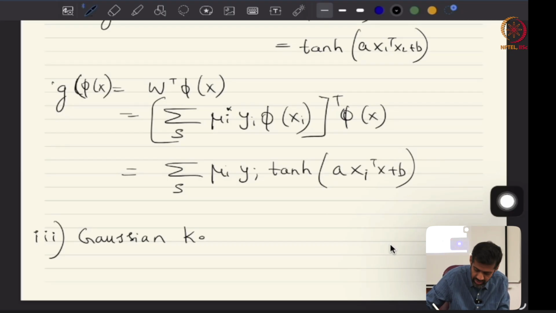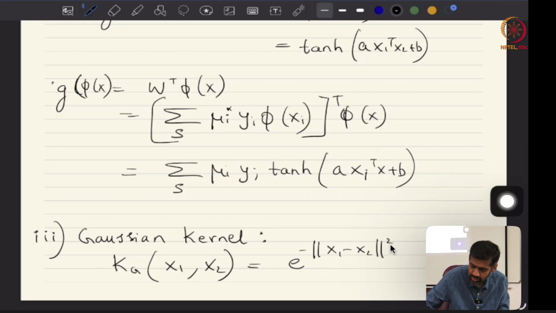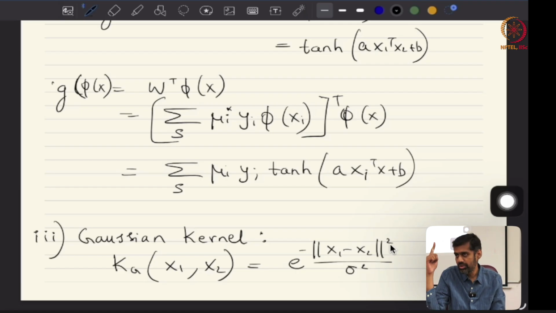Gaussian kernel kg of x1 comma x2 is given by e power minus norm of x1 minus x2 squared by sigma squared, and the final discriminant function will be very similar to a neural network with what is called an RBF kernel. But anyway, that's a side point. Now this Gaussian kernel corresponds to projection of data onto infinite dimensional space.